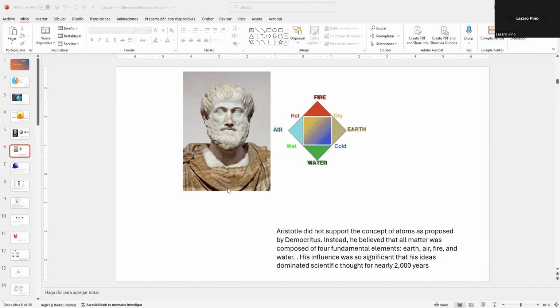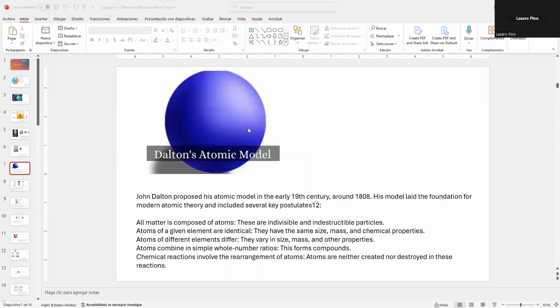His influence was so significant that his ideas dominated scientific thought for nearly 2,000 years until Dalton's atomic model in the 19th century.